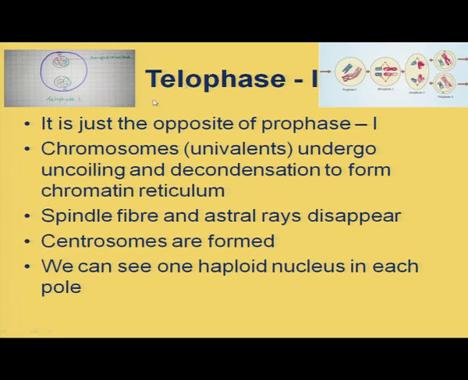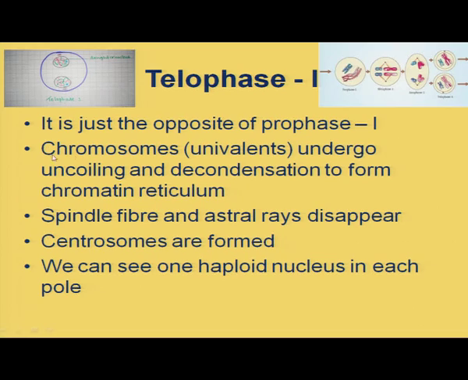Now, coming to telophase. Here you can see it is just opposite to that of the prophase 1. All the changes that take place in the prophase 1 are just the opposite here.